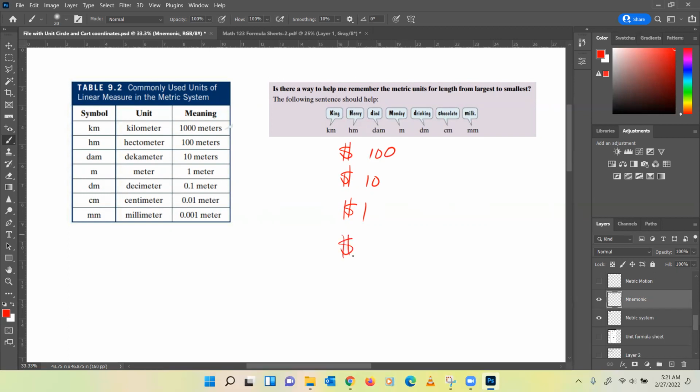Or I could have a centidollar. Well, look at that. We call that a centi is 1/100th, and we have 1 cent is 1/100th of a dollar. So perhaps some of these things will actually work really well for us to remember.